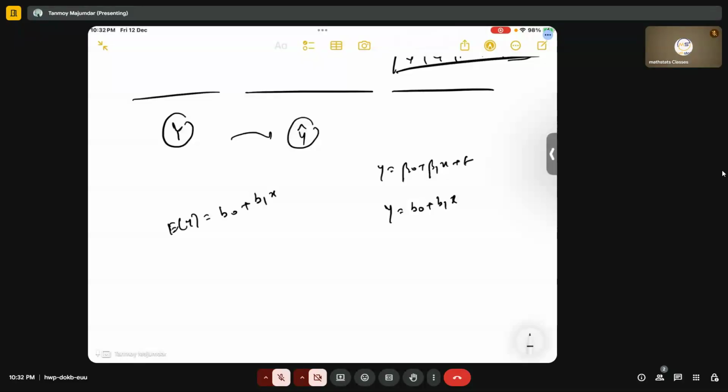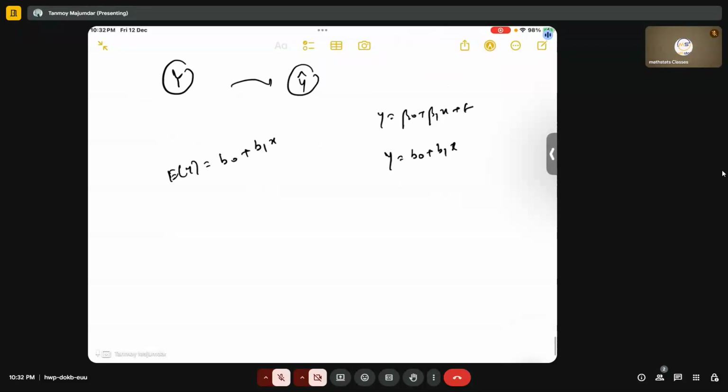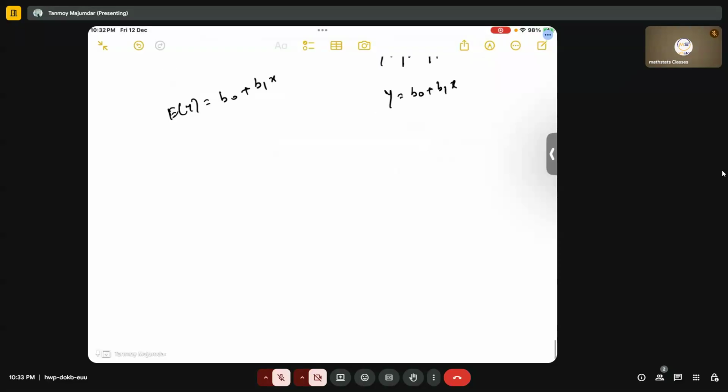So we can also get the variance of y. तो variance of y भी हम लोगों को मिल जाएगा जो हम लोगों ने पहले किया था उसको यूज करके. So basically using that we can have the prediction interval.